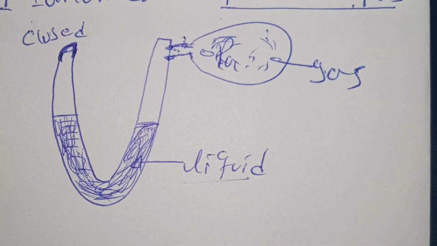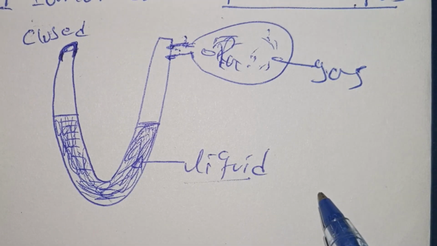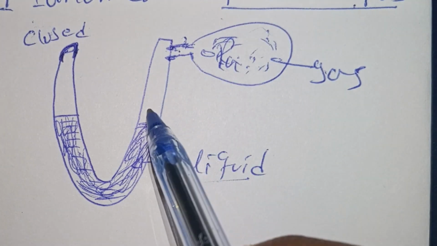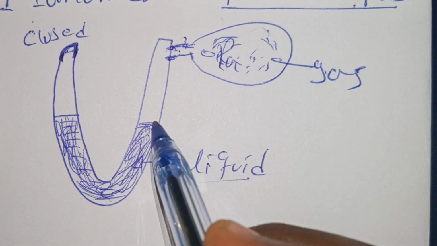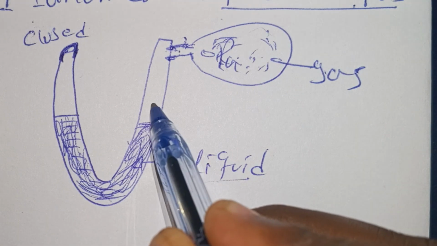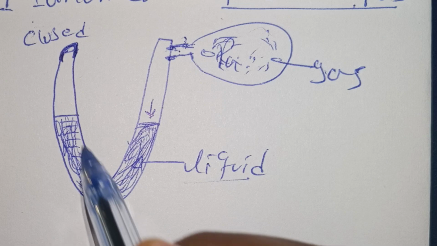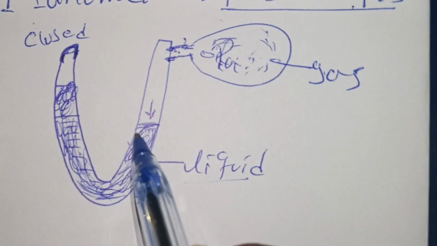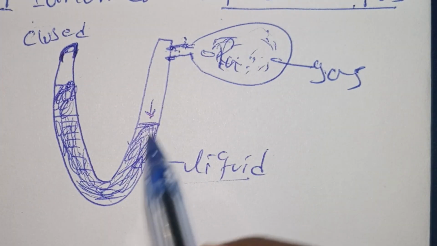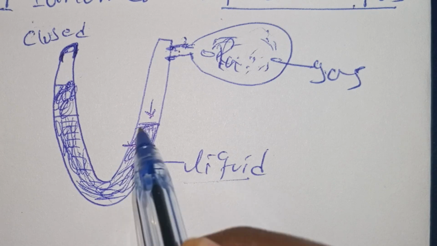In the case of the closed-end manometer, the pressure of the gas pushes the liquid in the manometer to one side. The liquid in this region is pushed by the pressure of the gas, and the liquid will rise to this height, and on the other side the liquid is reduced.